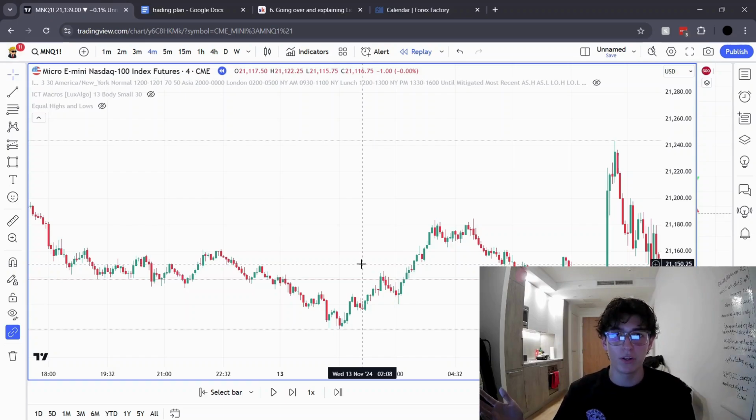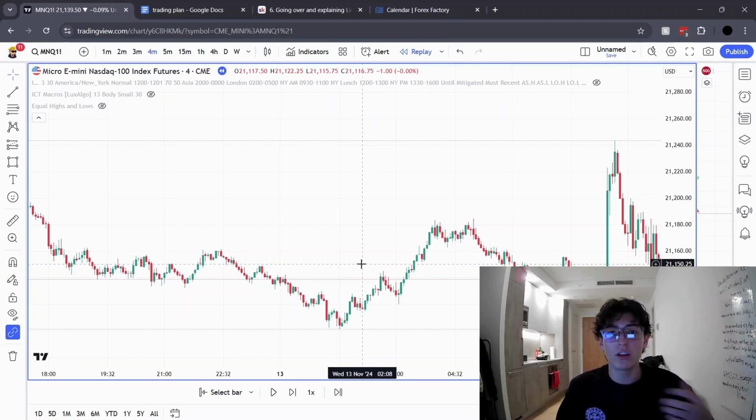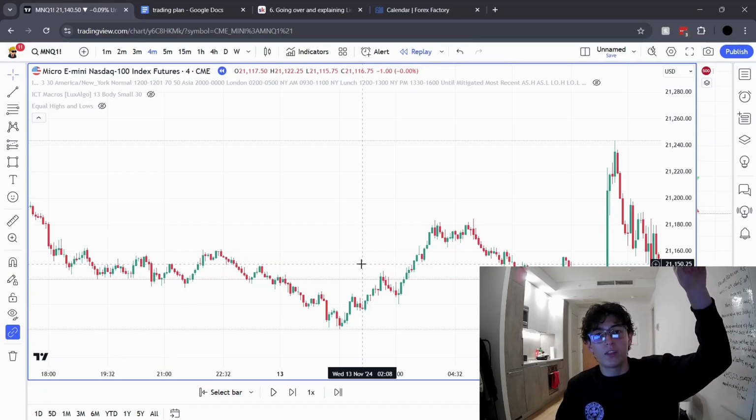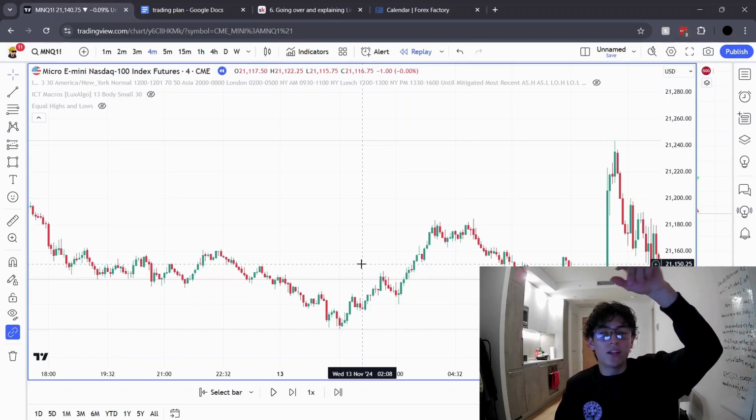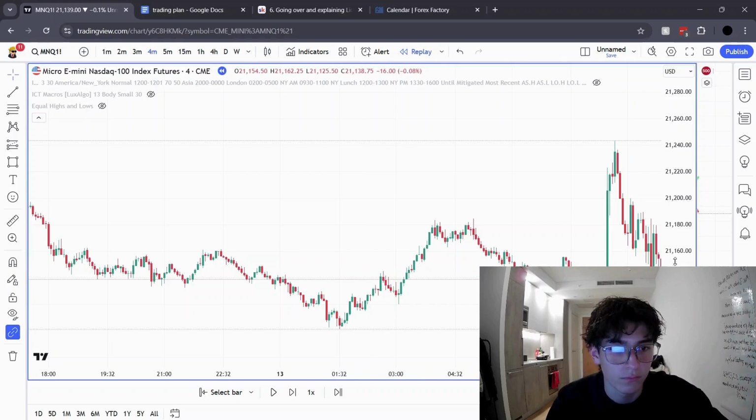Same thing for a bearish market. In a bearish market, bullish fair value gaps aren't going to work because at the end of the day, it's not looking to fill orders to then go up. It's bearish. So it's not going to care about those fair value gaps. It's just going to keep going down and down and down.